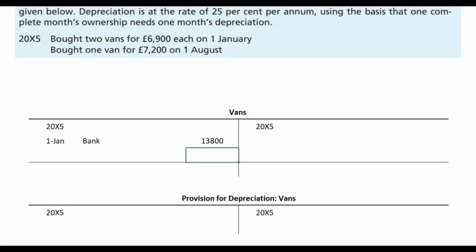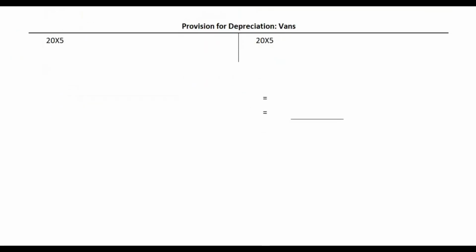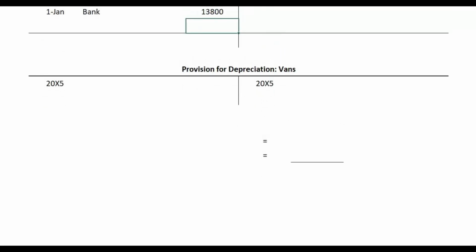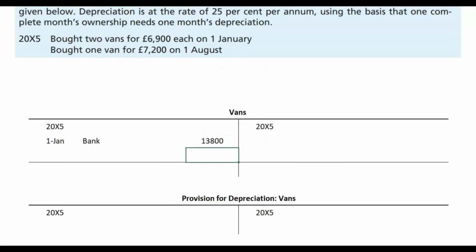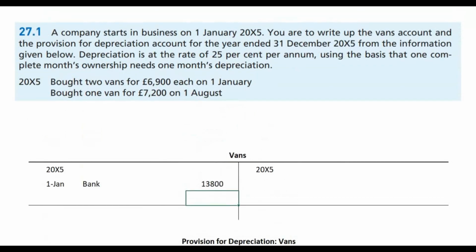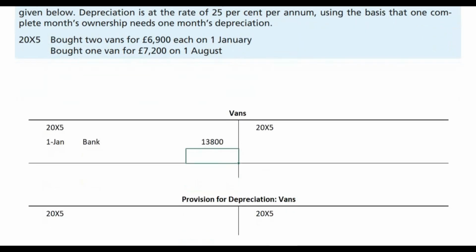Now for provision for depreciation, we need to perform some simple calculation which I am going to show you. According to the data provided, the company bought two vans for £13,800, right? And the annual depreciation rate given is 25% per annum. So we are going to calculate 25% of £13,800.